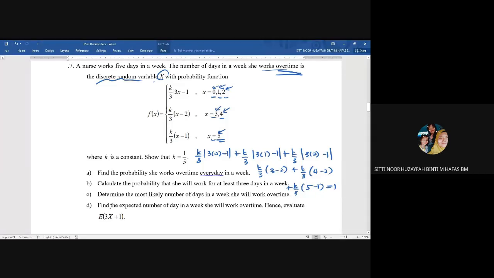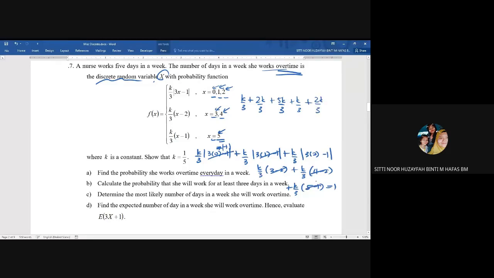So if you want to write it nicely, this is equal to 2. This one equal to negative 1, sorry, negative 1. So absolute negative 1 will be 1. So we have k over 3 plus, wait, this is 3 minus 1 is 2. So 2k over 3. 6 minus 1 is 5. So 5k over 3. And then for this one is k over 3. And this one will be 2k over 3.